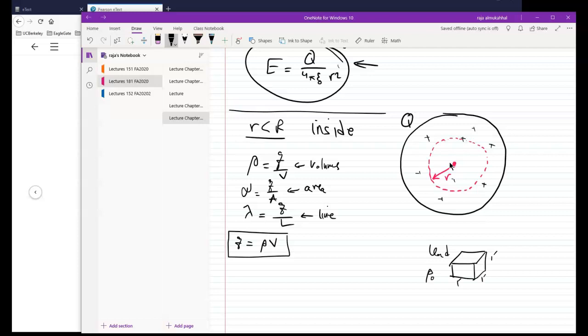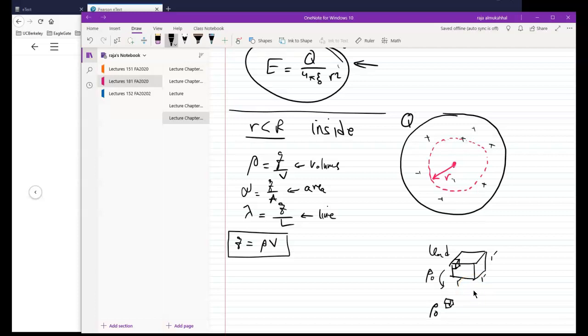Now if I take a chunk of it, just a small cube of it, this cube right here, and I cut it out, obviously the mass of the small cube is less than the mass of the big cube, and the volume of the small cube is much less than the volume of the big cube. However, the density of it will still be rho naught.